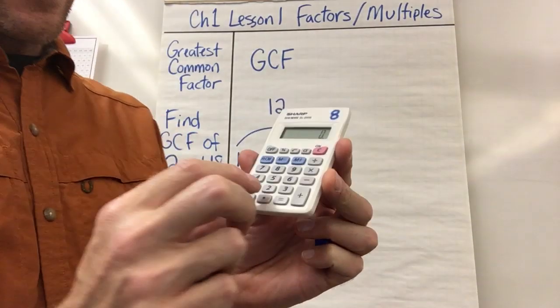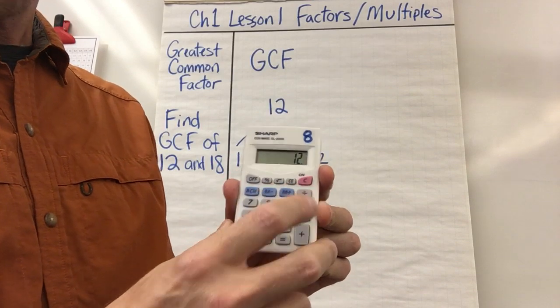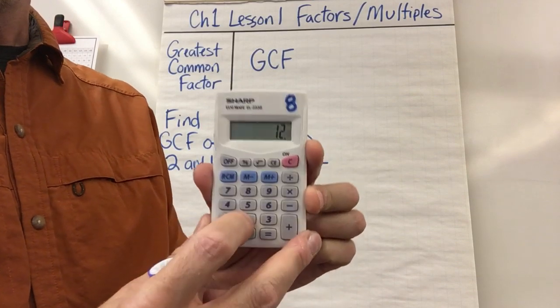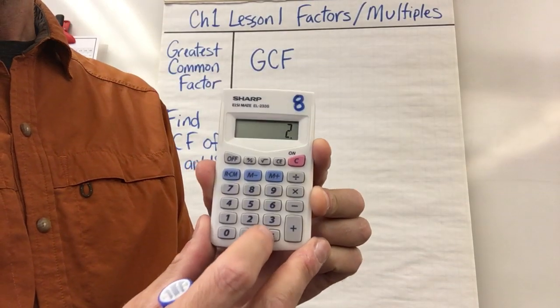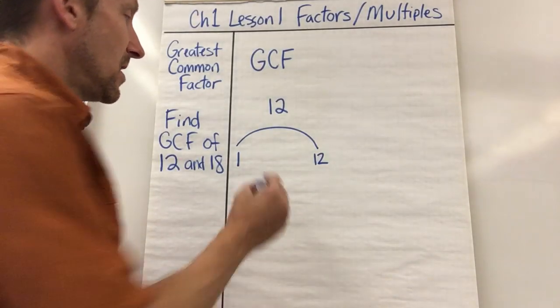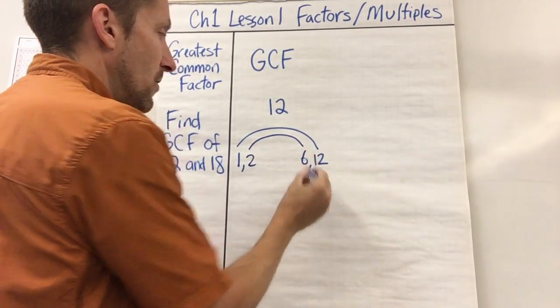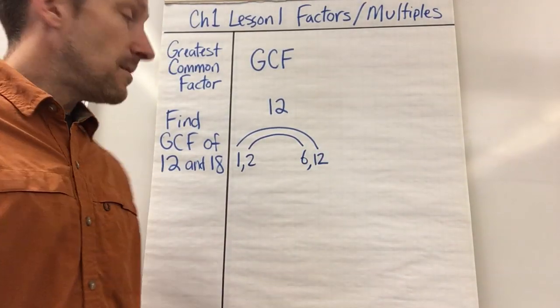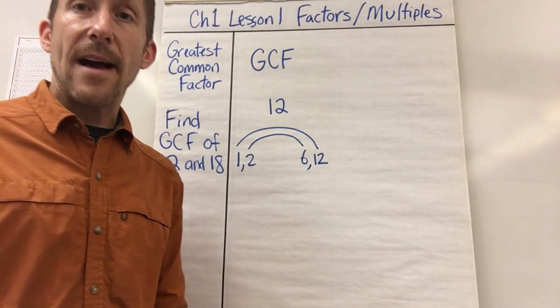I'm going to type in 12, whatever the number is, divided by the number you're trying, 2, and I want a whole number factor. I get 6. So 6 works. That's my next part of the rainbow. 2 over to 6.